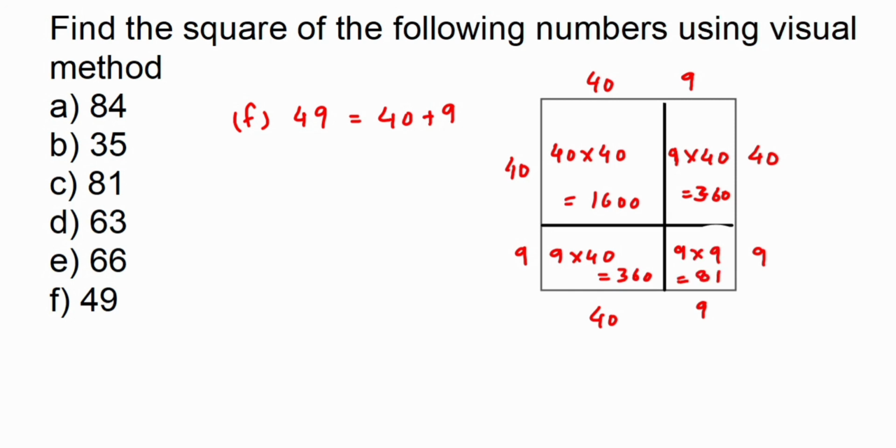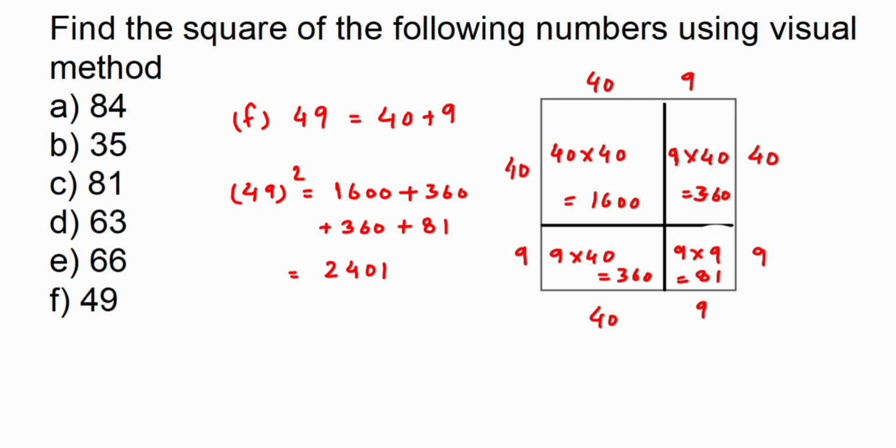So 49 square is equal to 1600 plus 360 plus 360 plus 81. Once you add it, we'll get 2401. That's it. This is the square of 49.